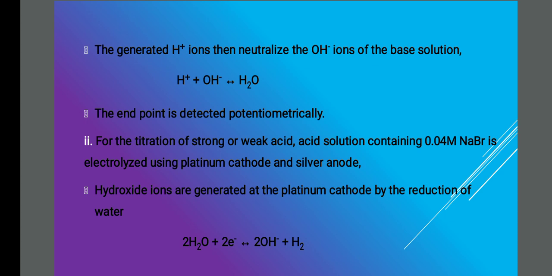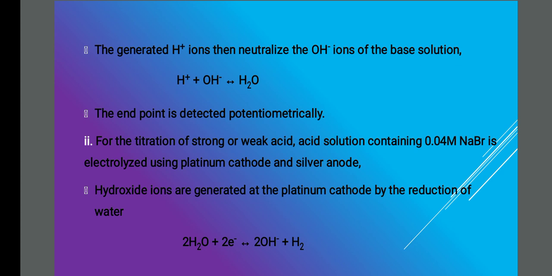The H+ ions generated by oxidation of water are neutralized by the OH- ions of the base solution and water will be formed. And the end point is determined potentiometrically. A potentiometer will be connected to that, and from the potentiometer, the reading will give you the end point.